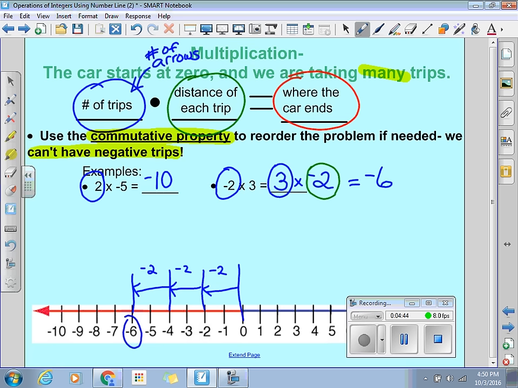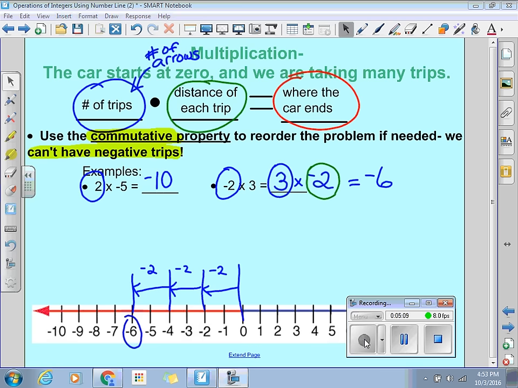And you know because of the commutative property that negative 2 times 3 is also equal to negative 6. And you're going to check it with your rules. A negative times a positive, or a positive times a negative, is a negative, and 3 times 2 is 6. Okay, before we go on to division, take a look at multiplication again.